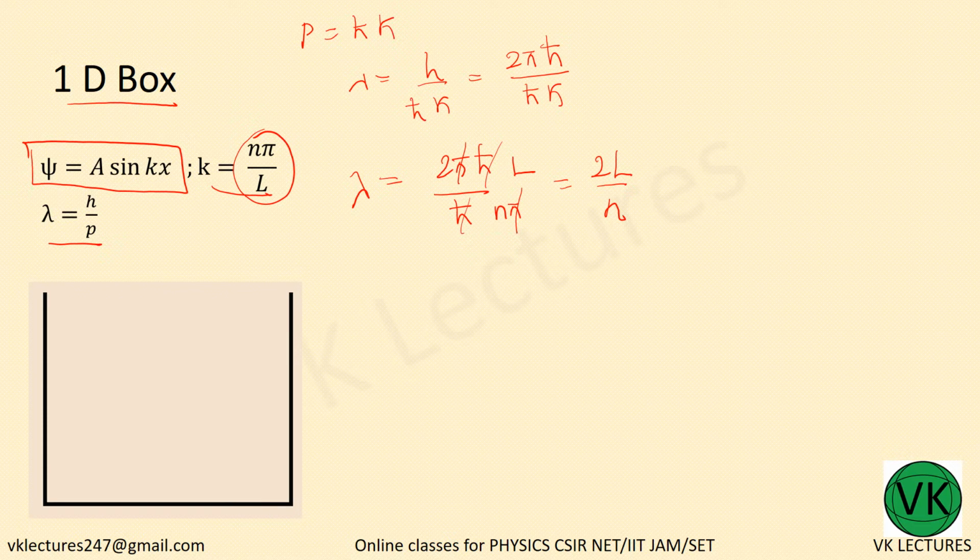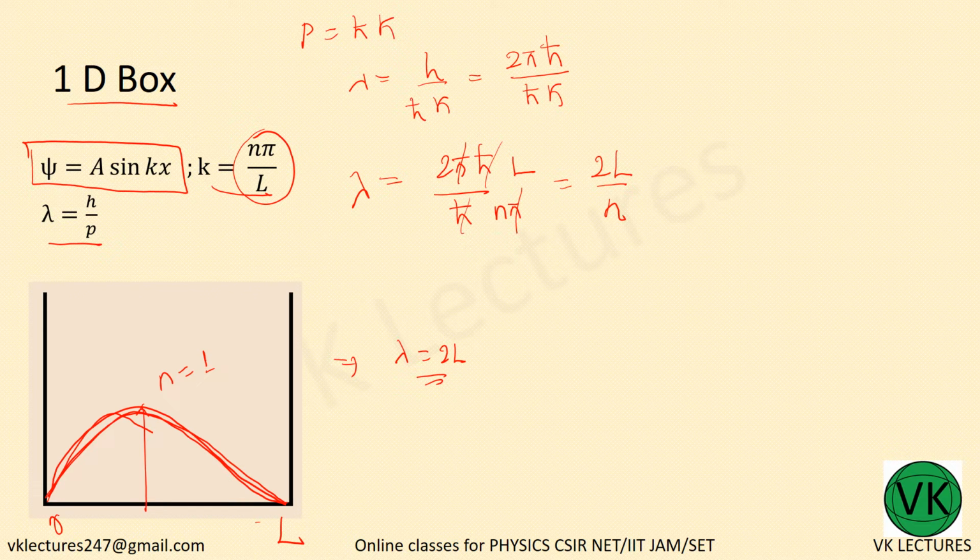This is the very same wavelength that we found from the extended string. For the extended string, we know this is length 0 to L. This is node n equal to 1. So for n equal to 1, we have lambda is equal to 2L.